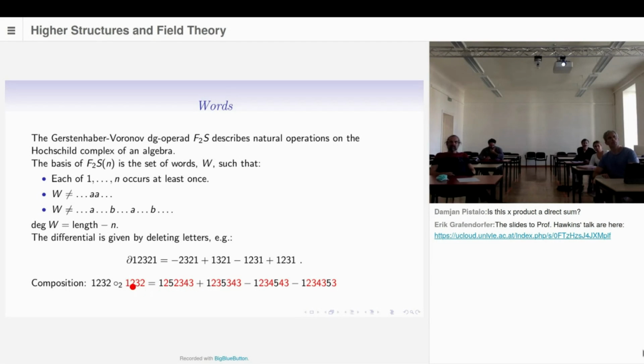You can cut it at any of these 4 places, which is why there are 4 terms in here. And there's a very complicated rule for the signs. Anyway, this gives us a differential graded operad, and it has other descriptions, such as being made of spineless cacti. Any questions before I move on?